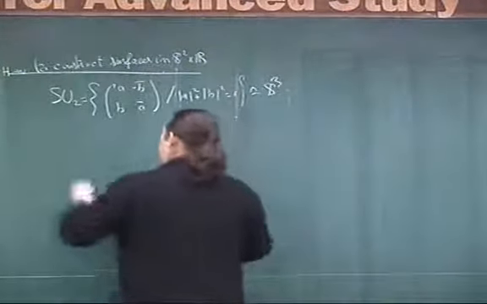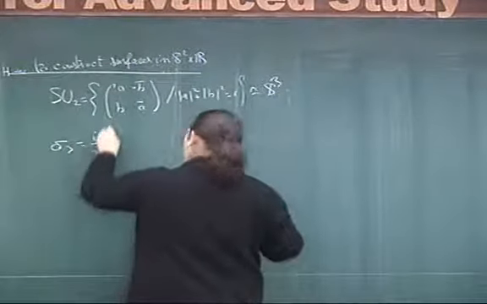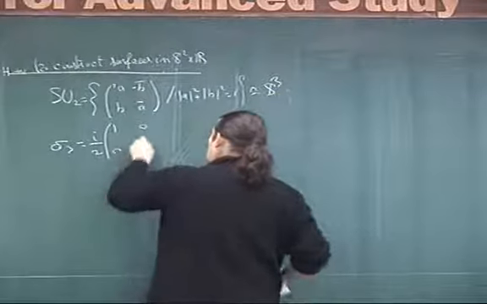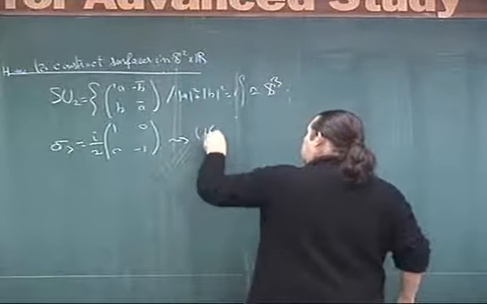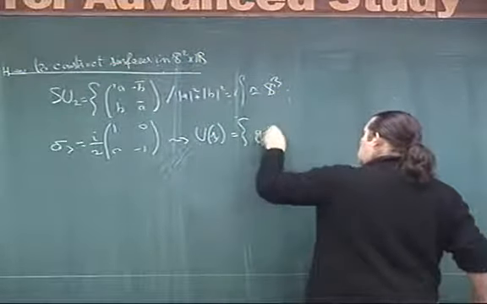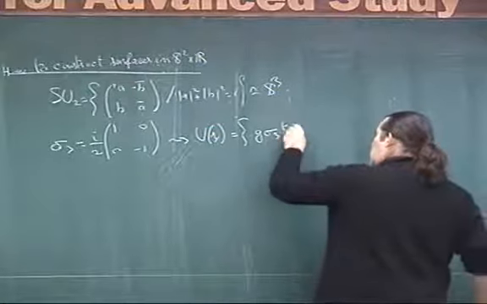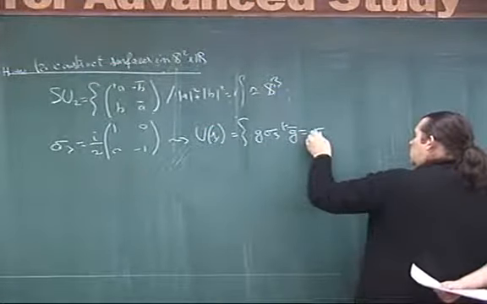If I call sigma 3 the matrix with entries i, 0, 0, minus i, I can define the unitary subgroup of SU2.